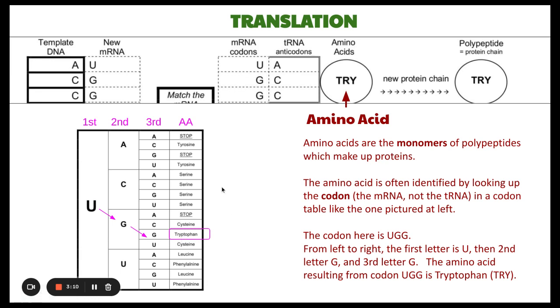I'm going to take a moment to point out on this table that here you see tryptophan and cysteine above it and below it. That means there's more than one way to get the amino acid cysteine. UGC would code for cysteine. UGU would also code for cysteine. So what this means is that more than one DNA template could end up resulting in the same amino acid.